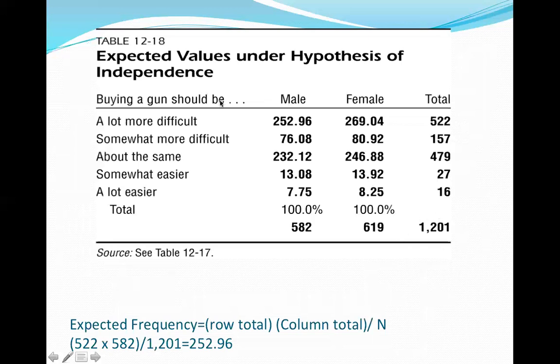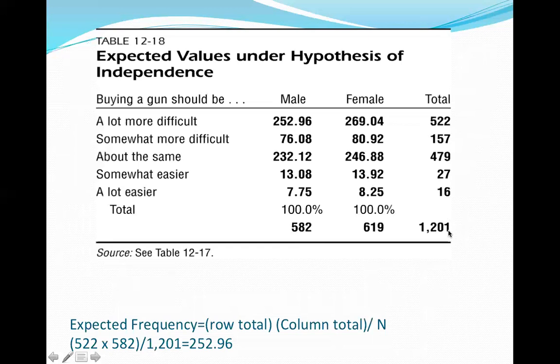So, for instance, looking at the number under male and a lot more difficult, I'm looking at this 252.96. How I got that was I took this column total, 582, multiplied it by the row total, 522, and divided that number by the total, 1,201.